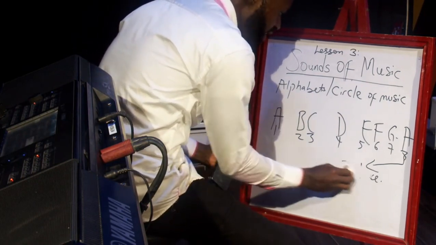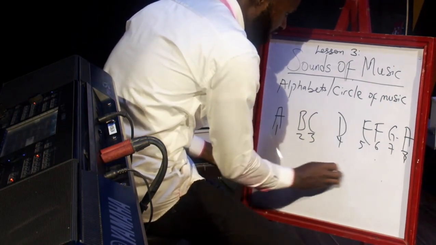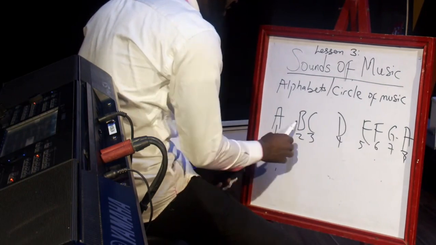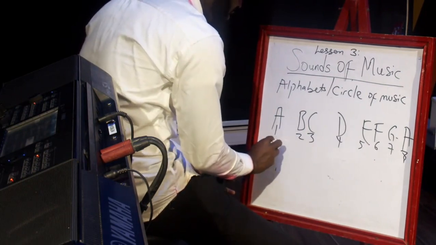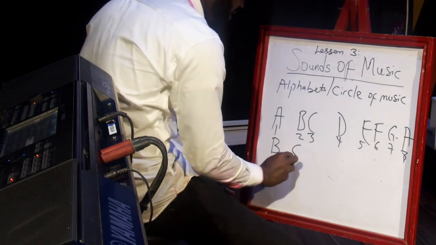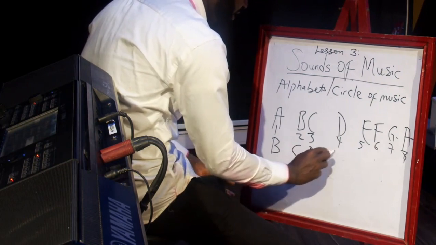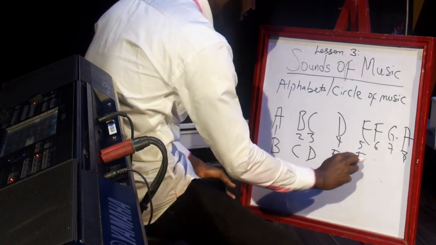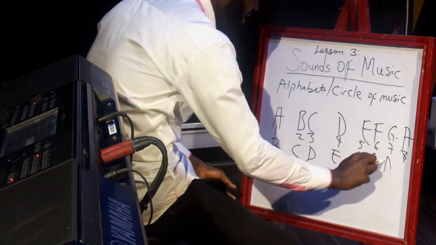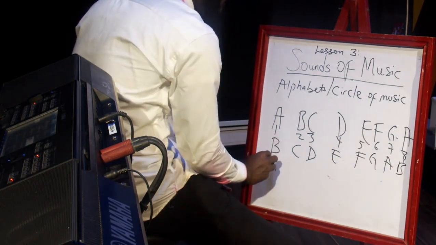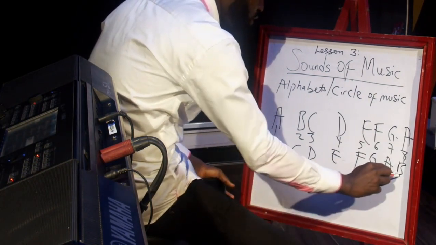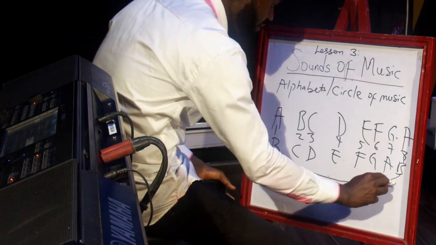For instance, we want to start with letter B. After B, we have letter what? Letter C, letter D, letter E, letter F, letter G, letter A, letter B. You can see from B to B is also what? An octave.